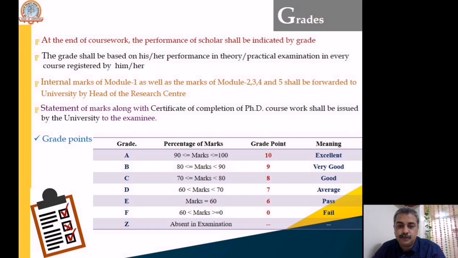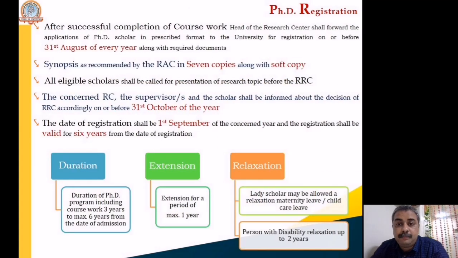The university will issue a certificate of completion of the PhD coursework, and then the research student can move further for his PhD registration.